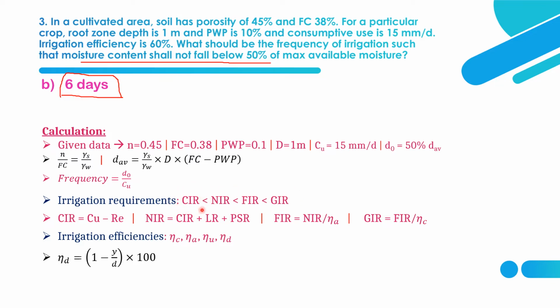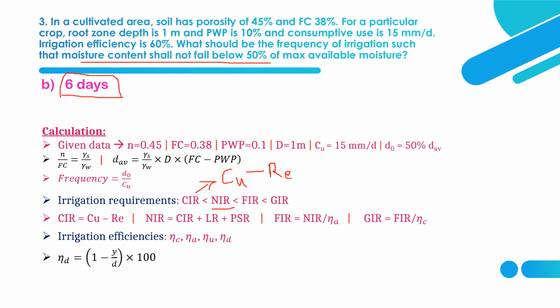The least is the consumptive irrigation requirement. CIR is equal to Cu minus Re, where Cu is consumptive use in mm per day or some other unit, and Re is effective rainfall or runoff. So Cu minus Re gives the consumptive irrigation requirement.